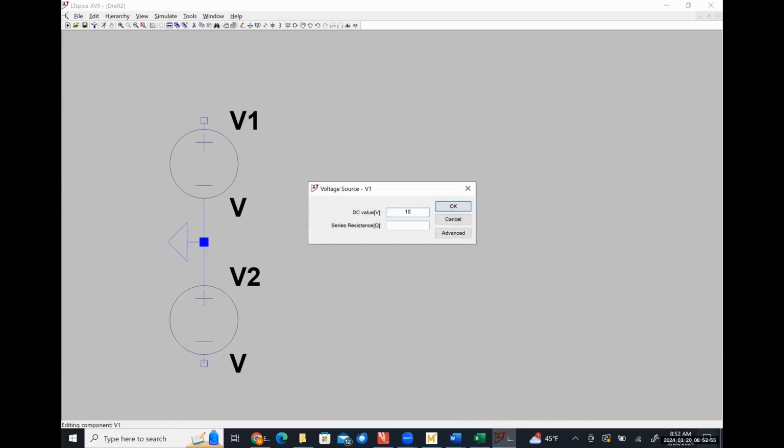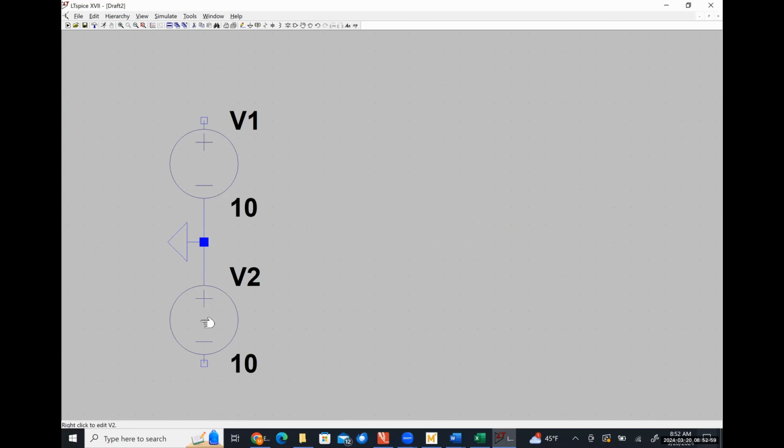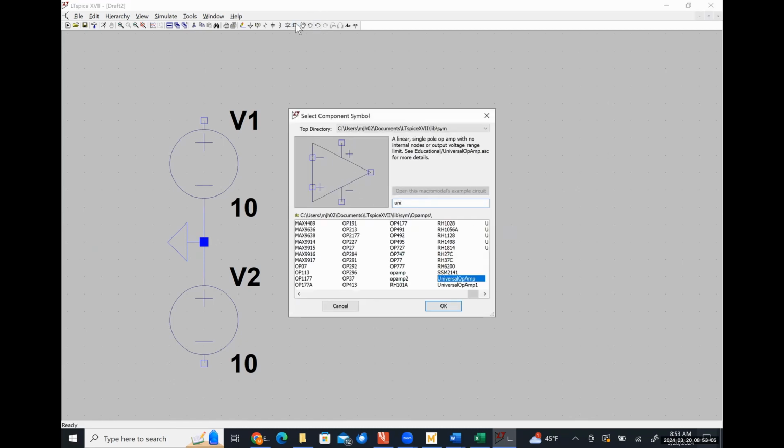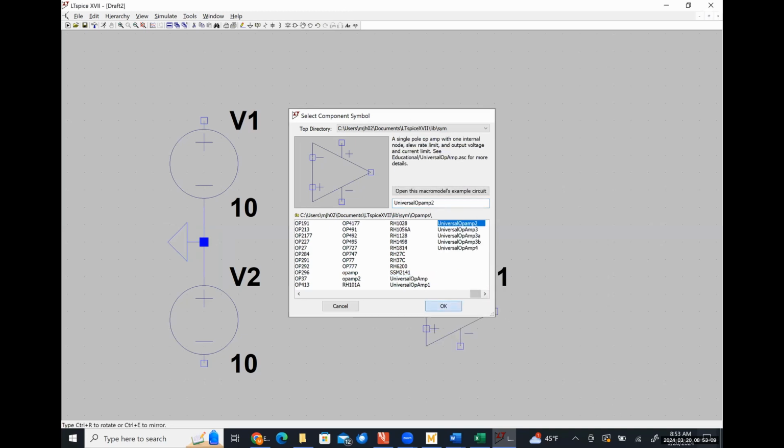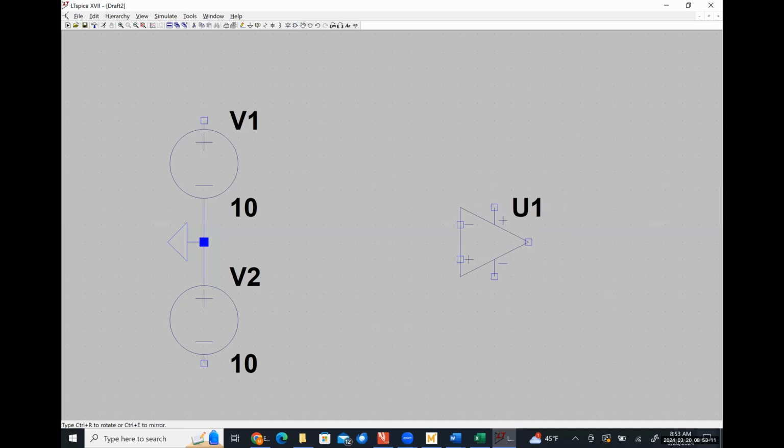So let's just do plus and minus 10 volts. And let's throw our op amp over here.